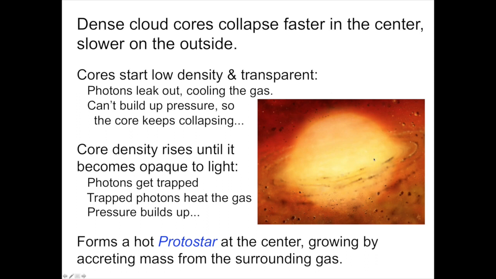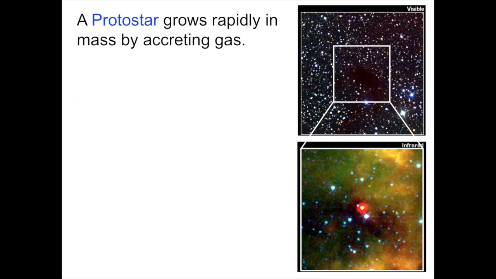This hot protostar is the dense, opaque, and now increasingly hot core of this molecular cloud. It's embedded deep inside this larger clump that's collapsing away, slowly building up as matter rains down upon this inner protostar. It's slowly growing in mass. So the protostar phase is characterized by very rapid growth of the mass of the central hot core by the steady accretion of gas.